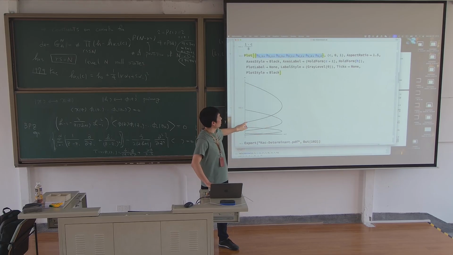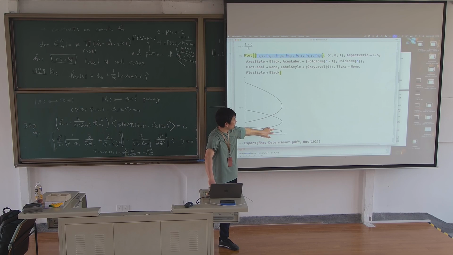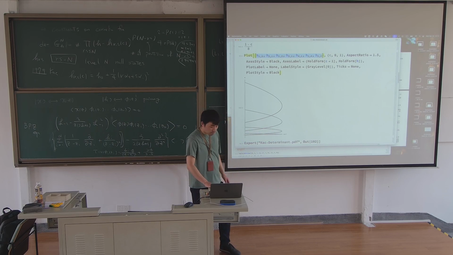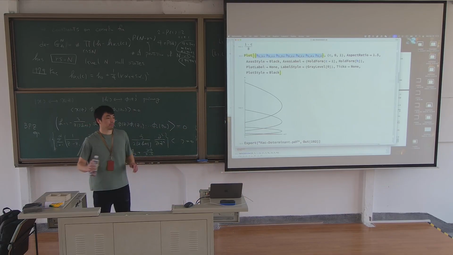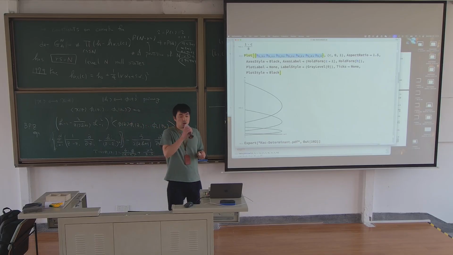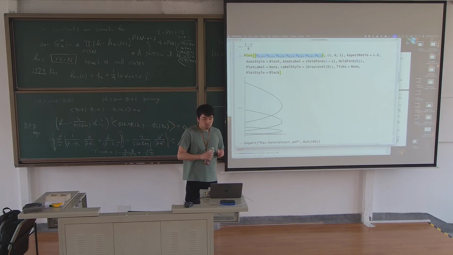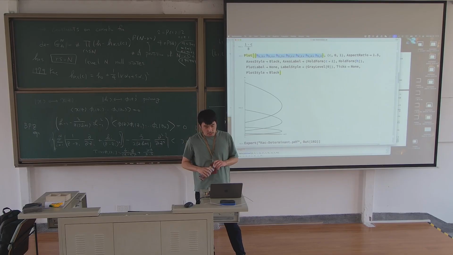So these are curves. Given the central charge c, you have two roots of h that give you this conformal weight for the minimum null vector.